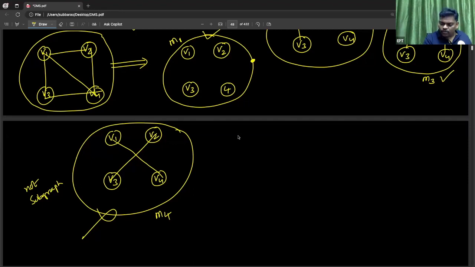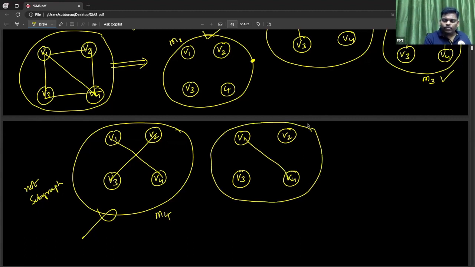Can you see this one? V1, V2, V3, V4. Careful, everyone. Can you say is it a subgraph? I want an answer from you.